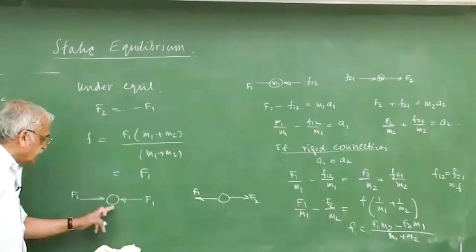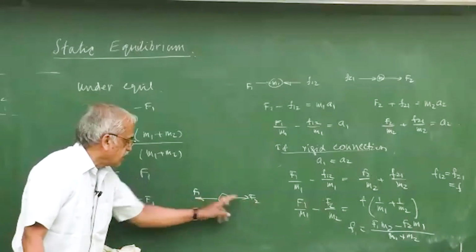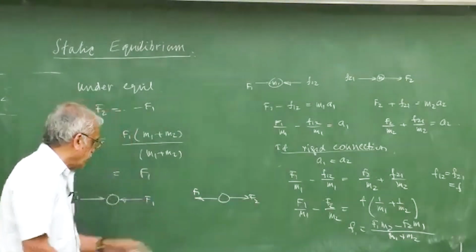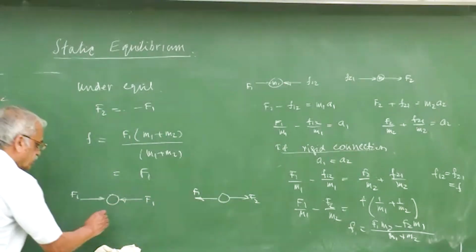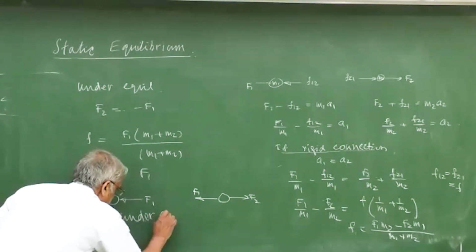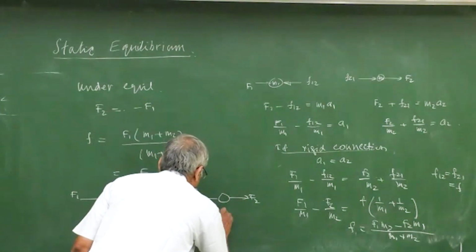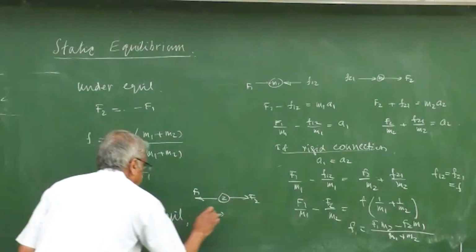So now can you see that this particle is under equilibrium? Similarly here, since F1 and F2 are of equal magnitude, this is also under equilibrium, as well as this one.